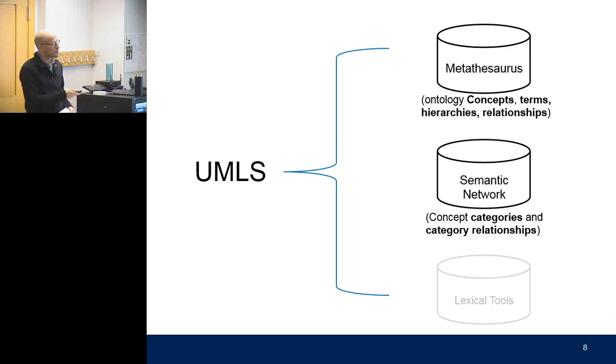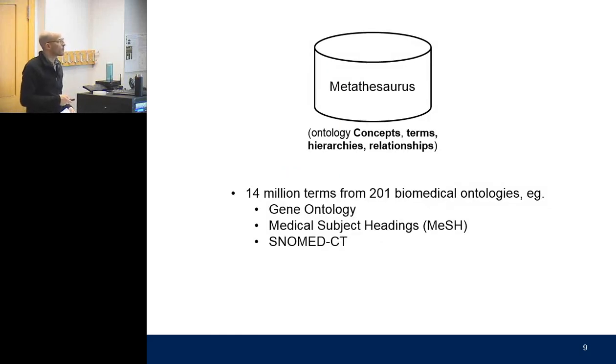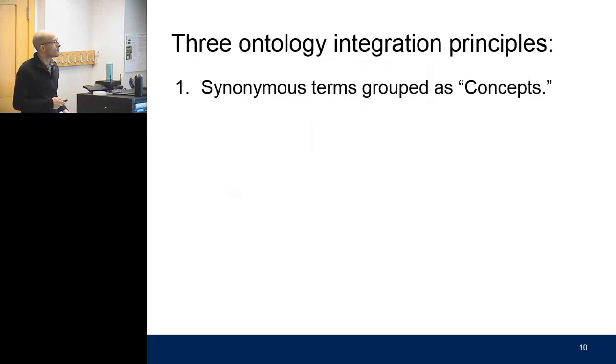There are also some lexical tools that are associated with the UMLS, but we're not going to cover those in depth today. So the Metathesaurus has 14 million terms from about 200 biomedical ontologies. Again, we mentioned some of these that you may be familiar with already: the Gene Ontology, Medical Subject Headings, and SNOMED CT are just a few examples.